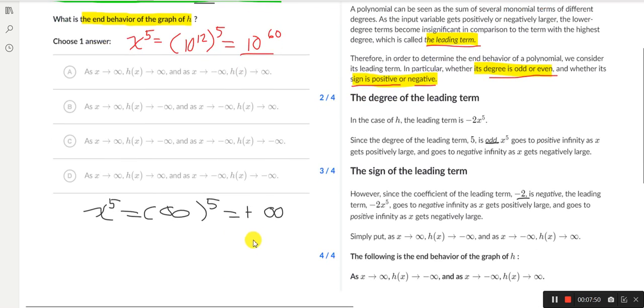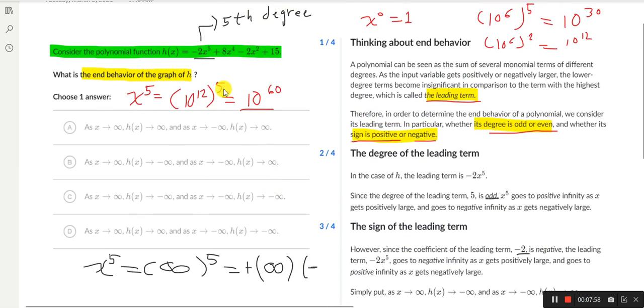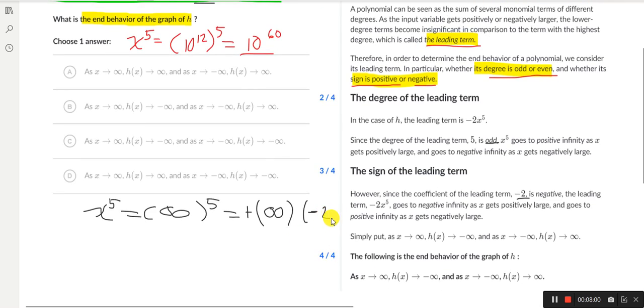But you have this multiplied by a negative number, which is negative 2, and so positive times negative is going to be negative.